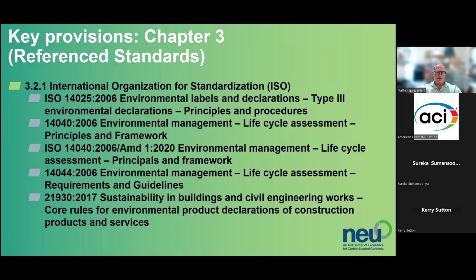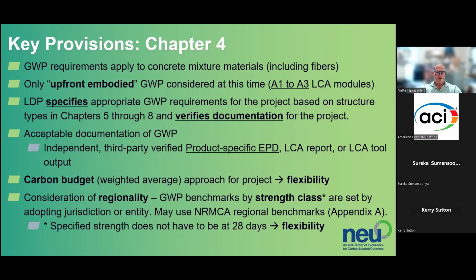Chapter 3 has some reference standards. It's all about ISO and standards about environmental product declarations and product category rules associated with those EPDs. Chapter 4, again, talks about what the scope of the code is, applies to concrete mixture materials, talks about upfront embodied carbon, again, life stage A1 to A3.